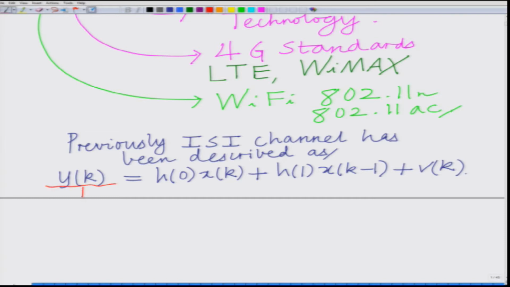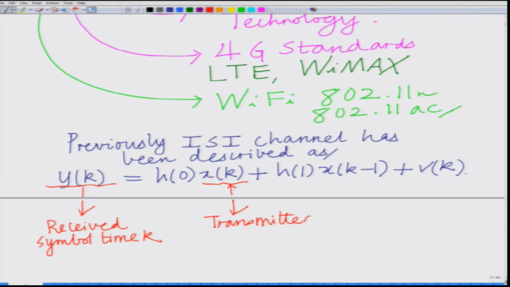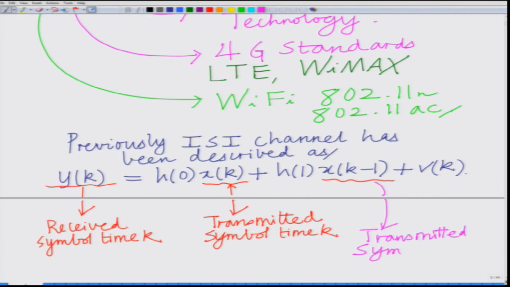Here Yk is the received symbol at time k, xk is the transmitted symbol at time k, and xk minus 1 is the previous symbol, the transmitted symbol at time k minus 1.